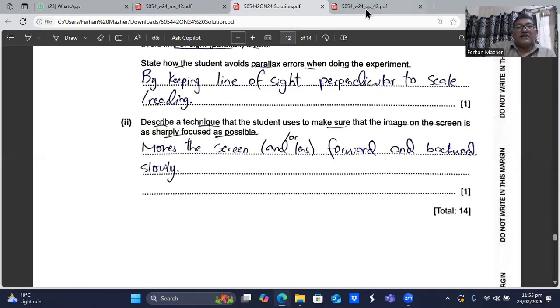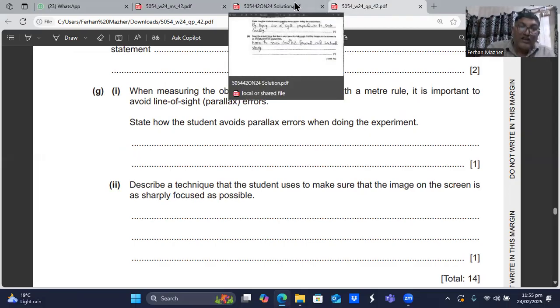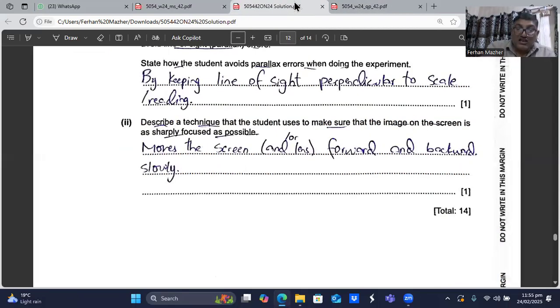Then they say, describe a technique that the student uses to make sure that the image on the screen is as sharp, focused as possible. You do the hit and trial, you move the screen forward, backward, until you get a position where the image formed on the screen is very sharp.